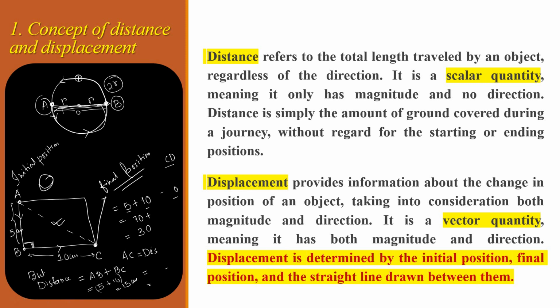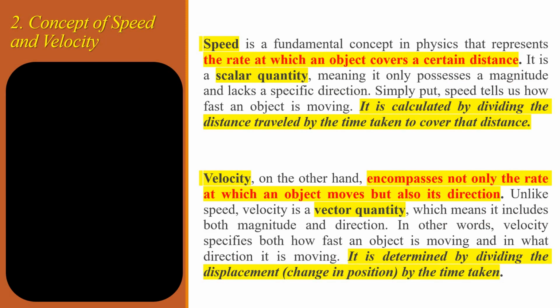Let us consider the second concept. In the second concept, we will discuss speed and velocity. Speed is a fundamental concept in physics that represents the rate at which an object covers a certain distance.